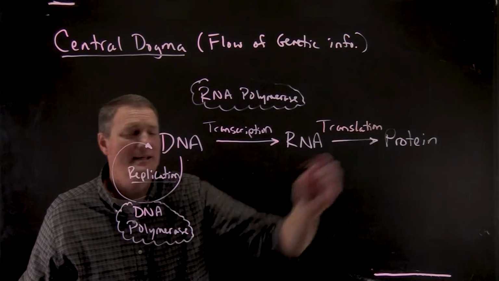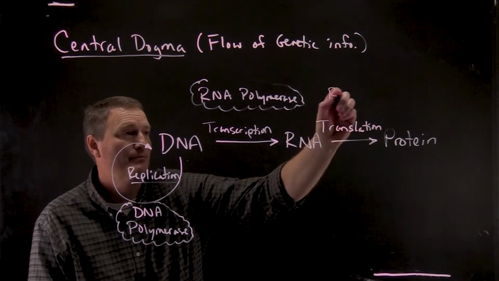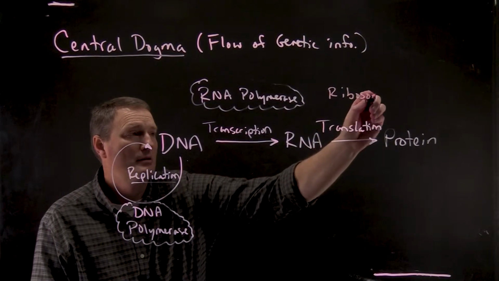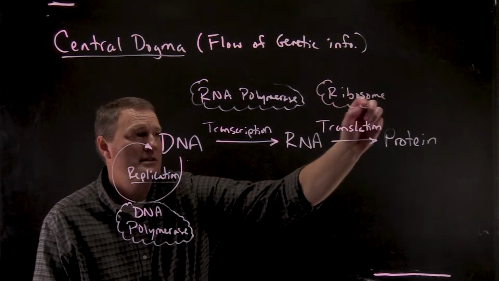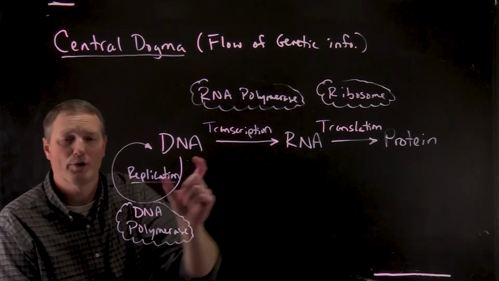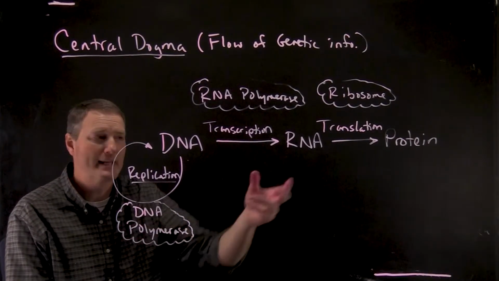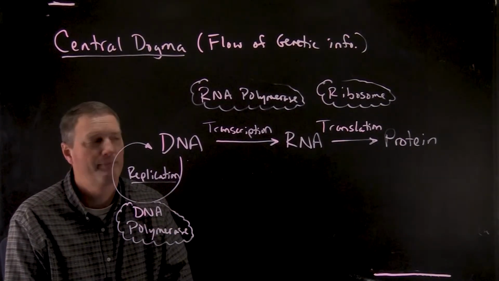We're going to call that process translation. And the main enzyme that does that is the ribosome. You can think of the ribosomes as essentially a molecular machine that can read off these short pieces of messenger RNA, and in doing so, convert that into a protein product.